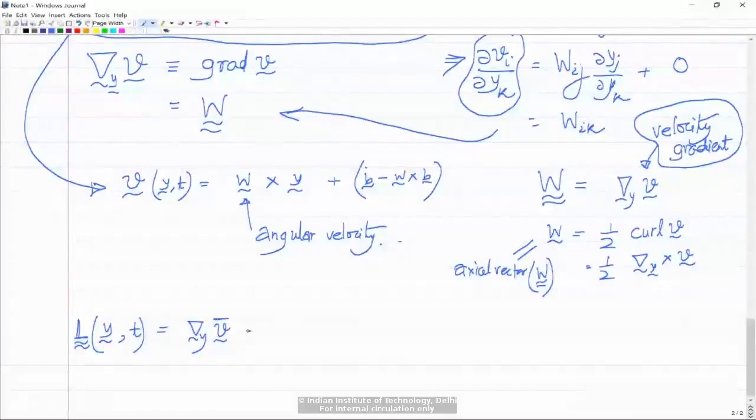We also wrote it as small grad v, or you can also write it as del v over del y. Many people also write it like this.